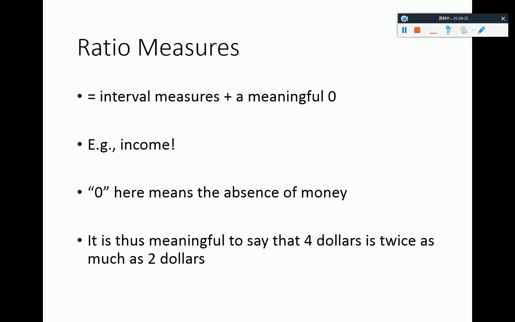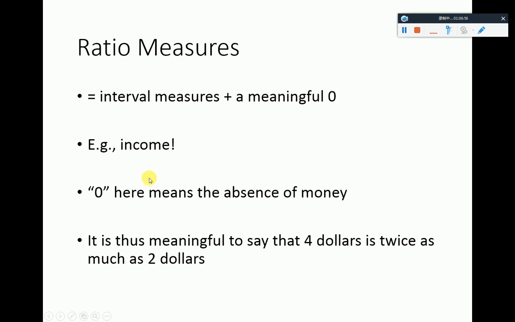Okay? The reason here is you have a meaningful 0 point. Consequently, you cannot change the scale to another system. Right? You cannot add 1, for example, to 0, because once you add 1 to 0, the meaning of this number will change. It will never mean that you don't have any money. Instead, it will mean you have $1 or 1 cent, right? Which is very different from you don't have a cent or you don't have any money.